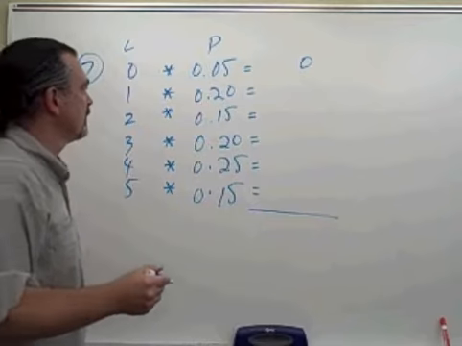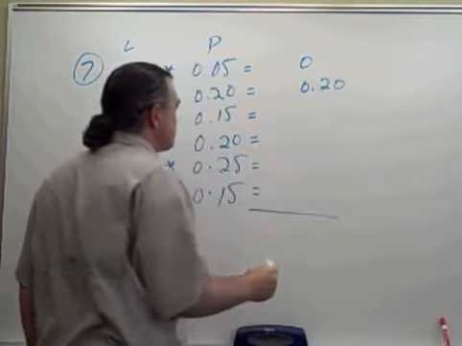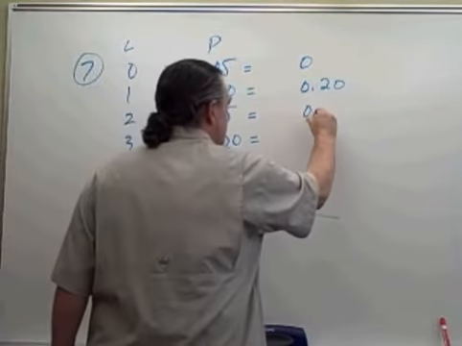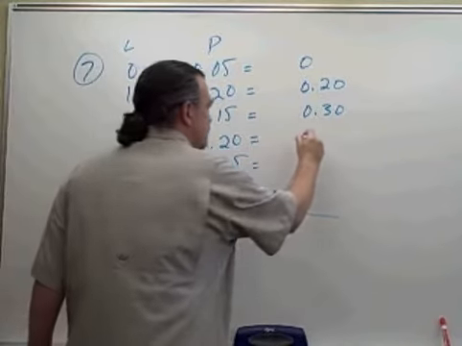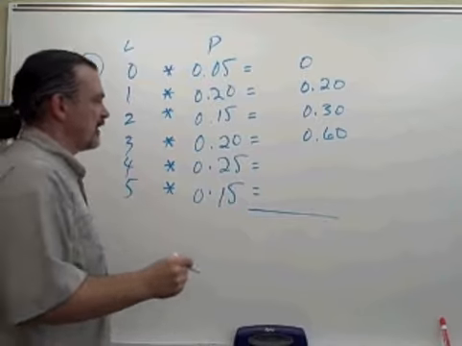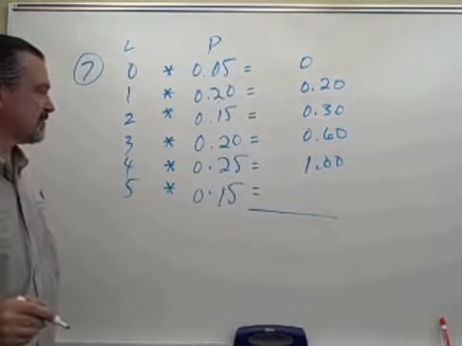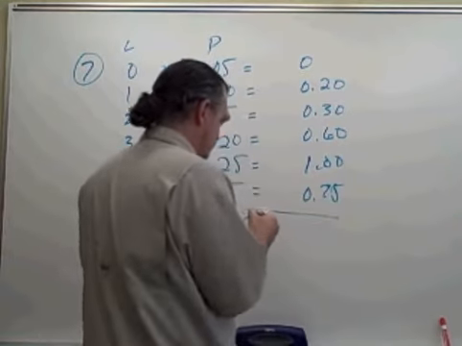1 times 20 hundredths is going to be 20 hundredths. 2 times 15 hundredths will be 30 hundredths. 3 times 20 hundredths will be 60 hundredths. 4 times 25 hundredths would be 1, and 5 times 15 hundredths would be 75 hundredths.